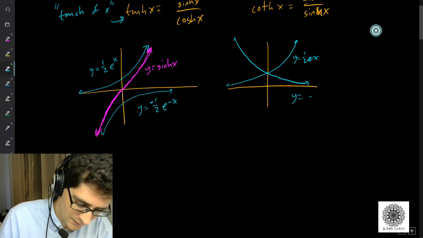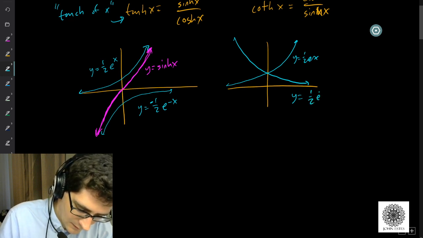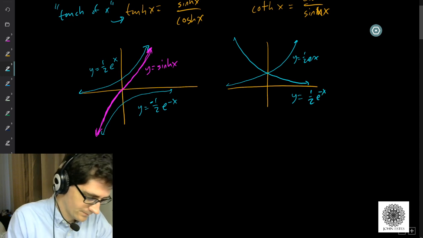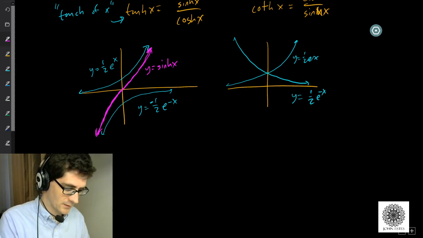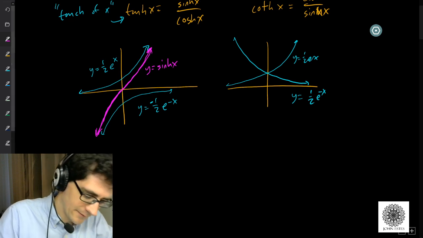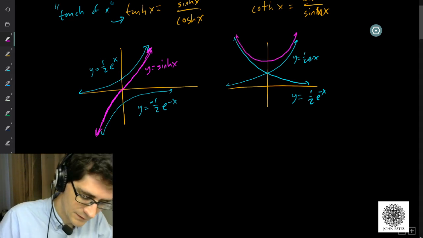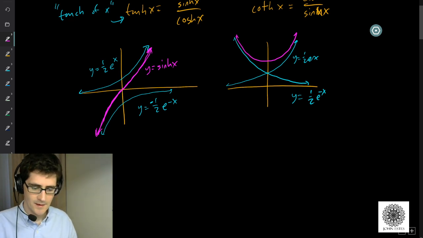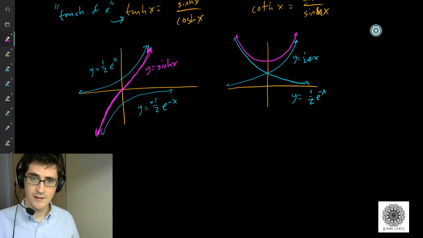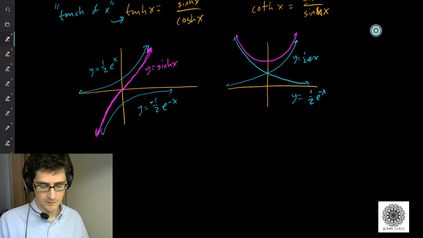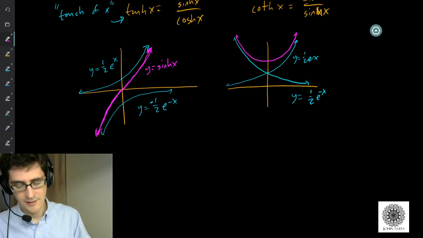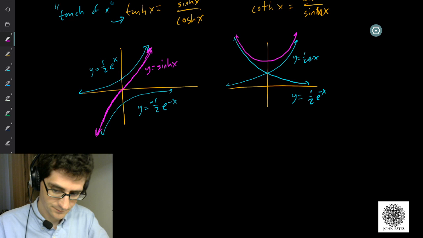I keep wanting to write that as a negative. 1/2 e to the negative x power. And those are my two curvilinear asymptotes for cosh. Your graph looks something like this. So as x approaches negative infinity, this thing's going to approach 1/2 e to the negative x. As I go to positive infinity, it's going to approach 1/2 e to the positive x.